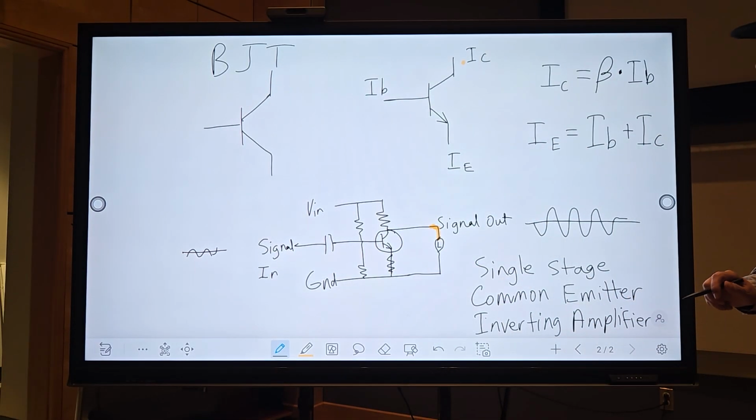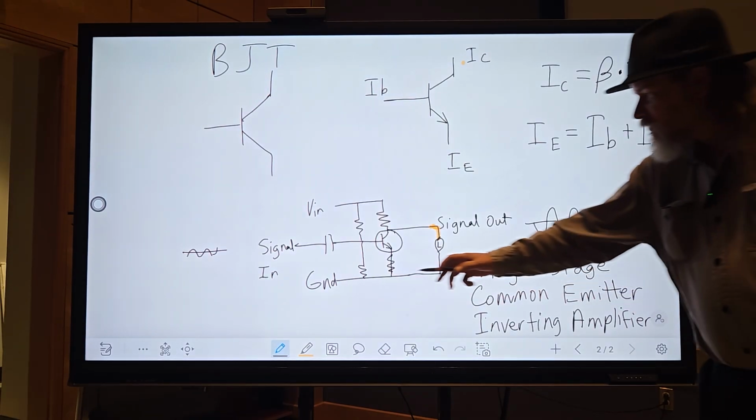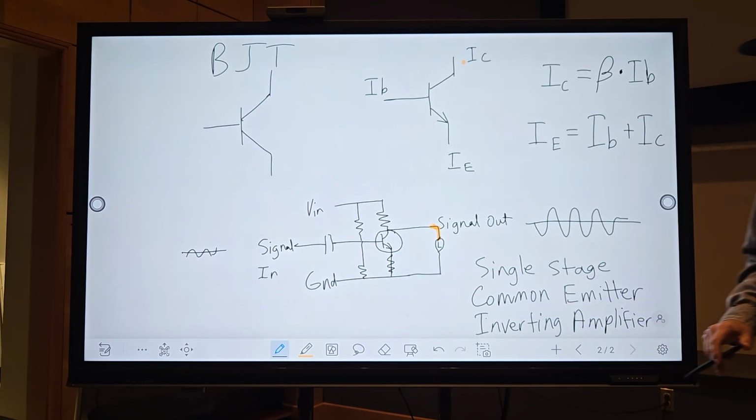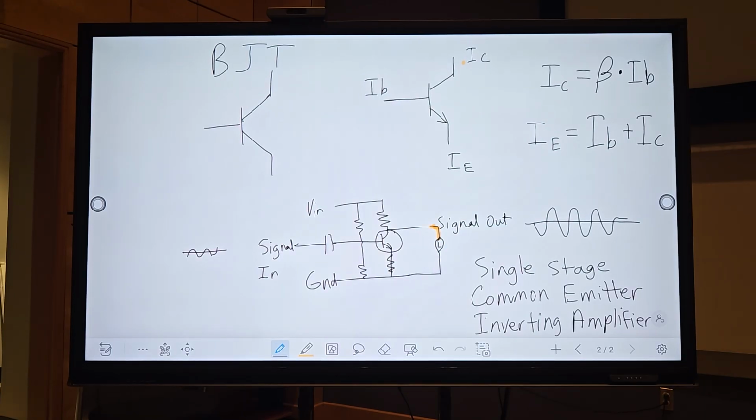The ground is common between the two. There are also common collector amplifiers and all that sort of thing. But the common emitter inverting amplifier is one of the more common types of amplifiers that you see.